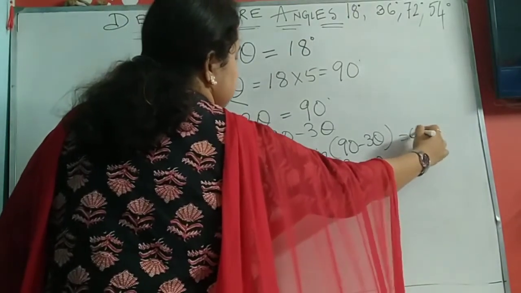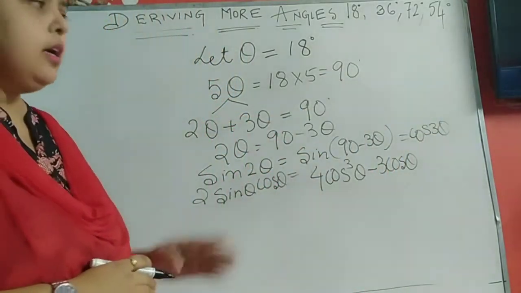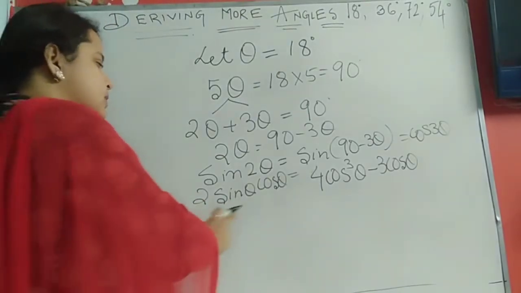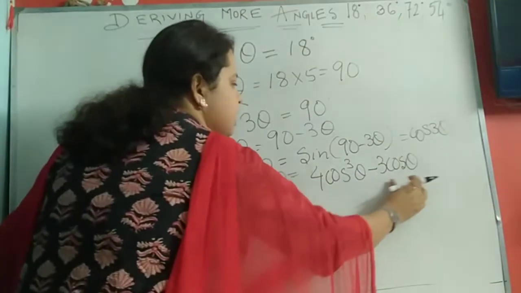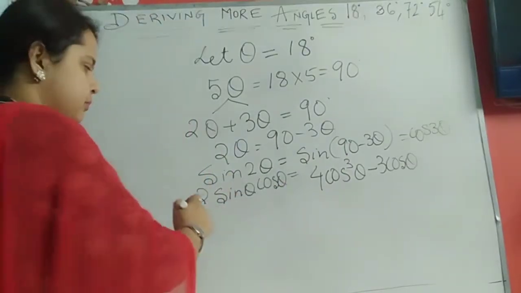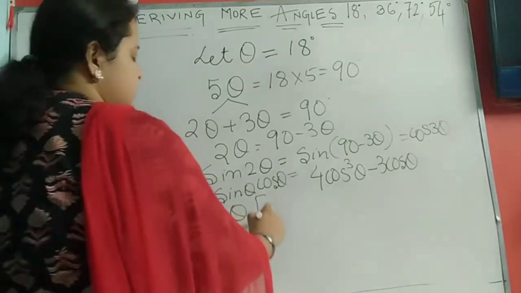I'm again writing this so that you will understand whose formula has been substituted here. Now you can all see a cos theta, a common factor. Let us take that common. So I am taking cos theta common.